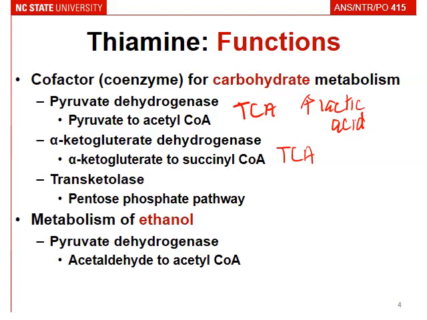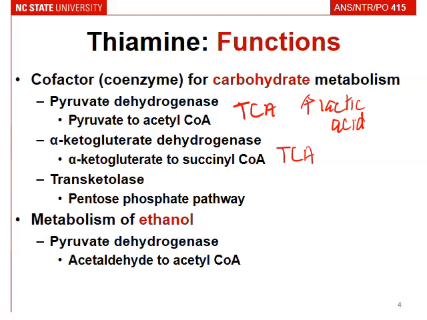So alpha-ketoglutarate dehydrogenase is needed to convert alpha-ketoglutarate to succinyl-CoA. So this is part of the TCA cycle also. And it's involved in the pentose phosphate pathway, so it is a cofactor for transketolase that is needed.